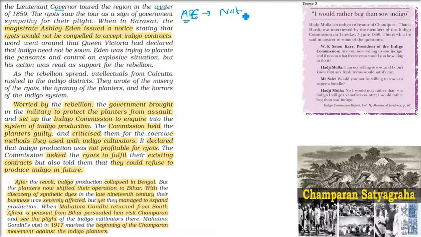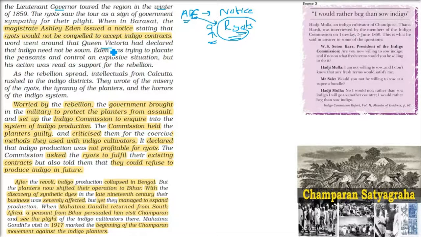This notice was very important. It said that the ryots cannot be compelled or pressurized to accept the indigo contracts. Previously, it was all without the consent of the ryots. Sometimes some ryots would agree, but mostly they were forced.